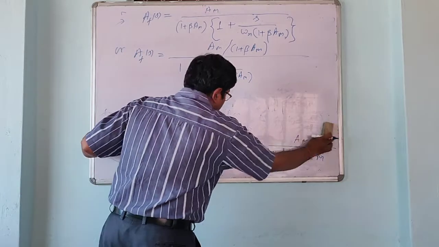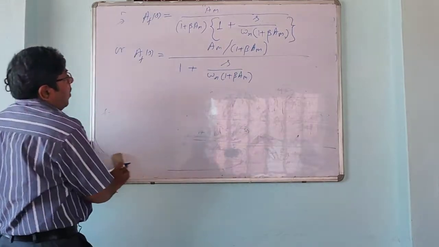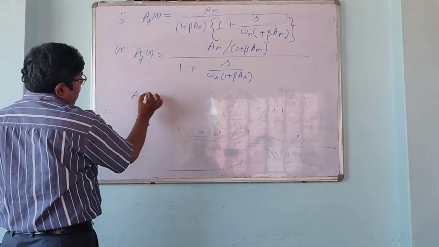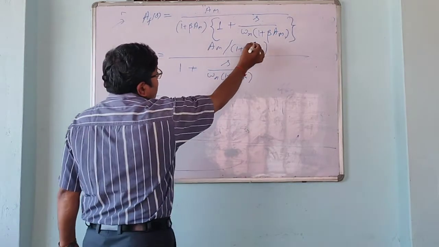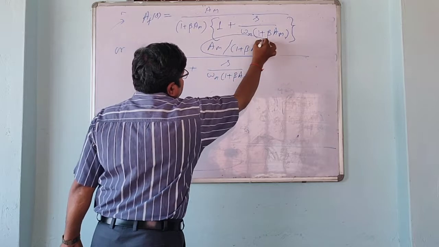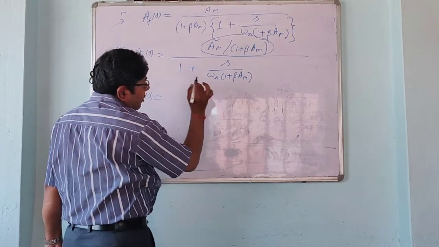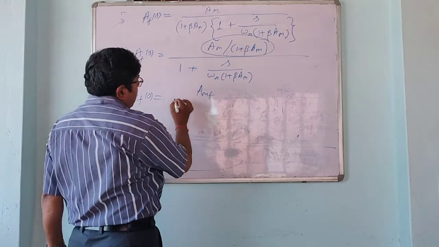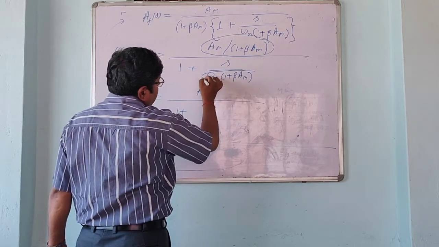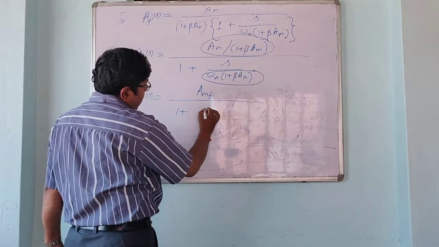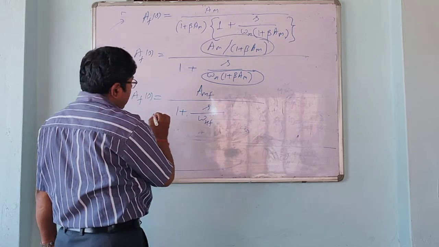Or we can write AFS equals: this term in the numerator can be written as the mid-band gain with feedback, and this whole term in the denominator can be written as the upper 3 dB frequency with feedback.